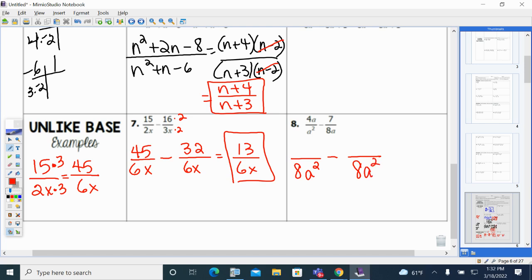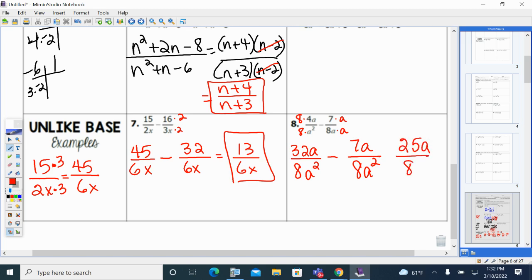So the first fraction, we would need to multiply by 8 in order to make that denominator 8a squared. So again, do the same thing in the top, and you get 32a. The second fraction would need to multiply by an a. So 7 times a is 7a. And now we can subtract our two fractions. 32a minus 7a is going to give you 25a.